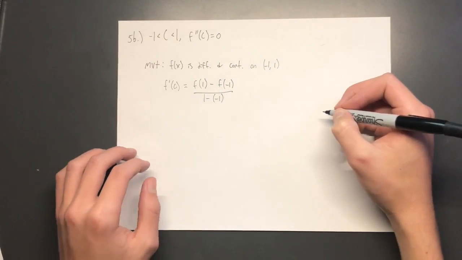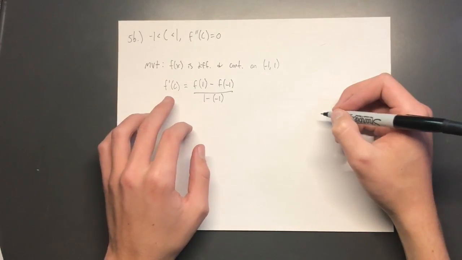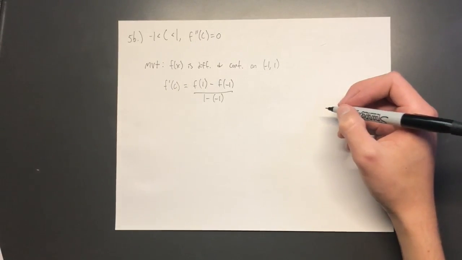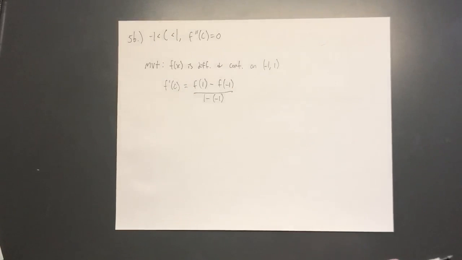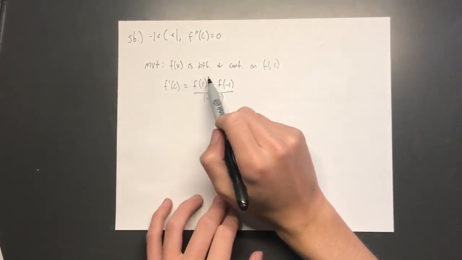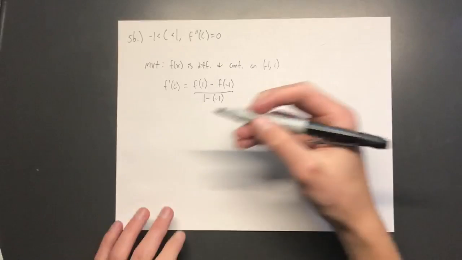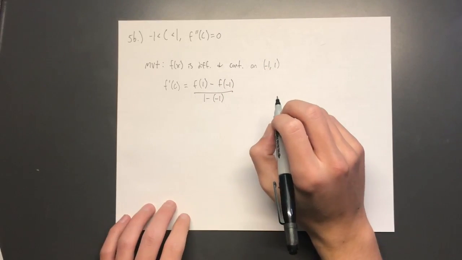And so this would be a definition for if we wanted to justify that f prime of c equals 0, but it's asking for f double prime of c. And this still works because the question states that f of x is twice differentiable, which means that not only is f of x differentiable and continuous, but f prime of x is differentiable and continuous.